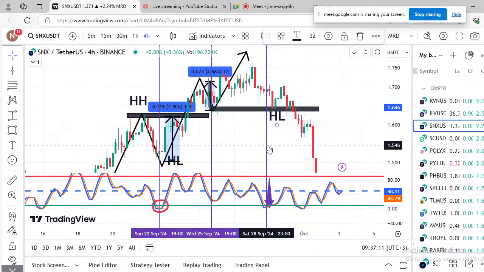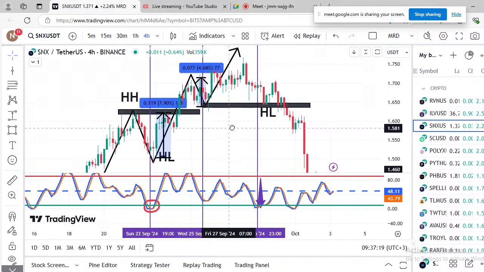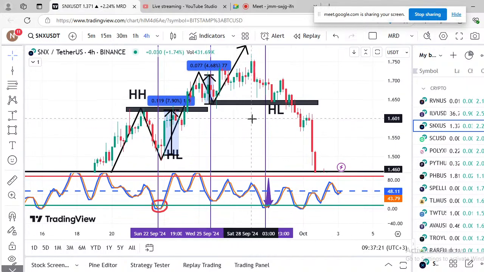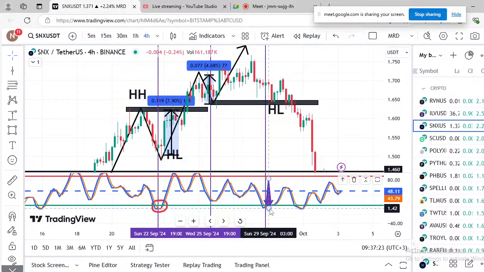Meaning here, we never qualified to enter the market at this point. There was no confirmation for you to enter the trade, even though the moving averages were in an oversold region. But on the chart, it is a very different story.